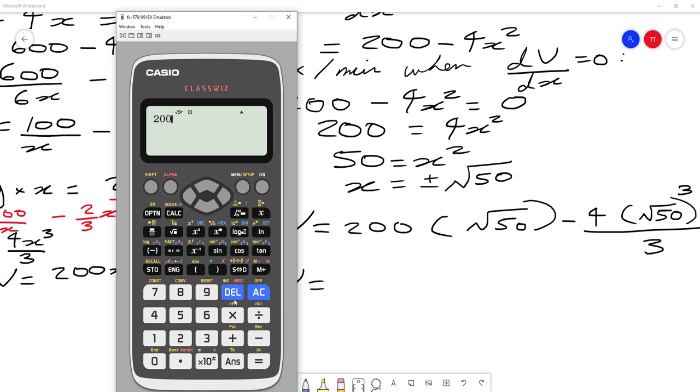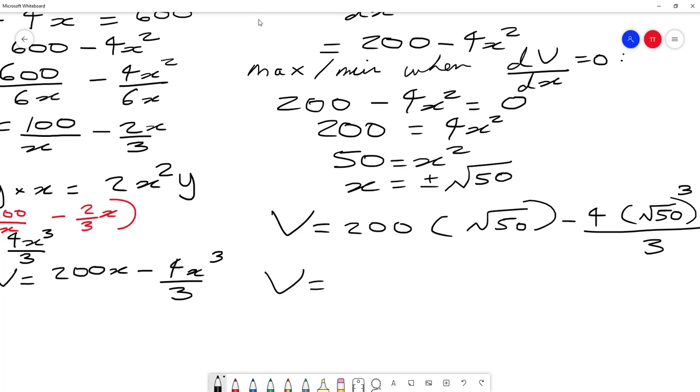So it's 200 times root 50 minus, press the fraction button, 4 times root 50 cubed over 3. And that's going to give me 943 to the nearest centimeter cubed. 943 centimeter cubed.